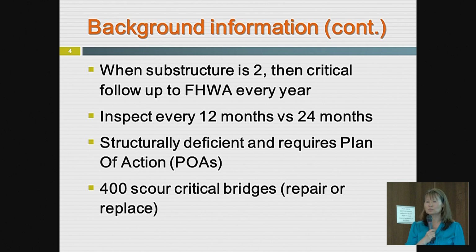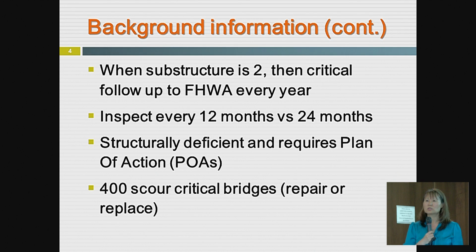Not only does your sufficiency rating change, but with the substructure becoming a 2, a whole lot of other things get triggered. For example, the routine inspection goes from 24 months to 12 months.